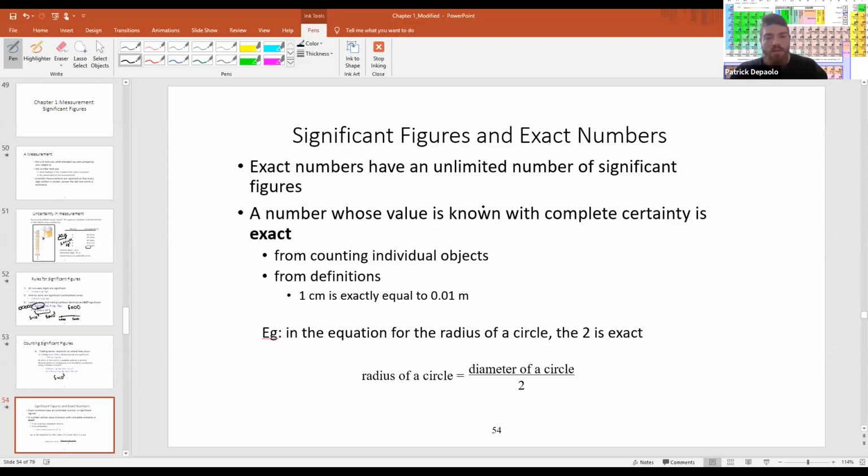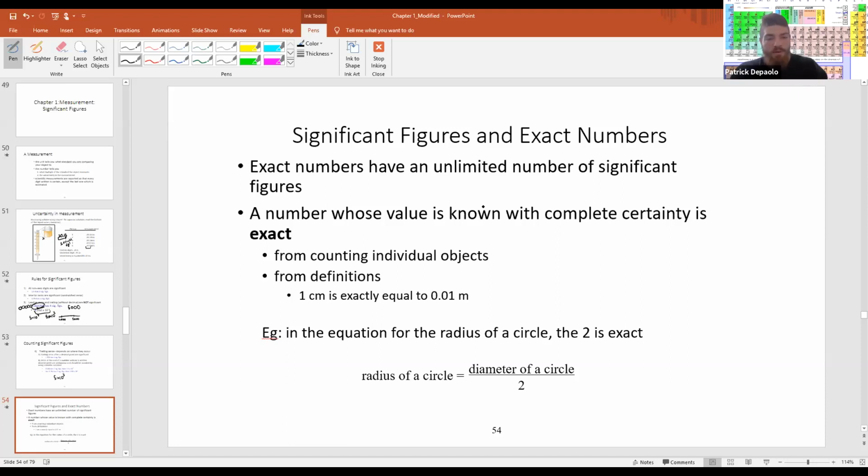Some definitions say exact numbers have an unlimited number of significant figures. I like to say none of their figures are significant because they're not measured. Measured numbers are the only things that have significant figures, because you need to use those significant figures to add and subtract and multiply. You need to use those rules.